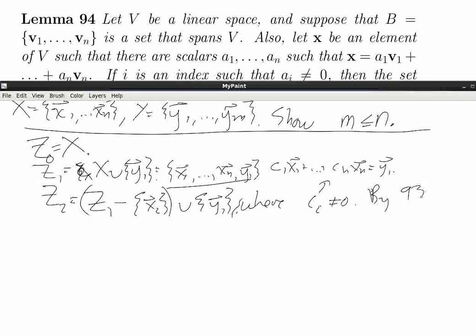By theorem 93, Z2 still spans V. And this is basically the game that we're going to play.